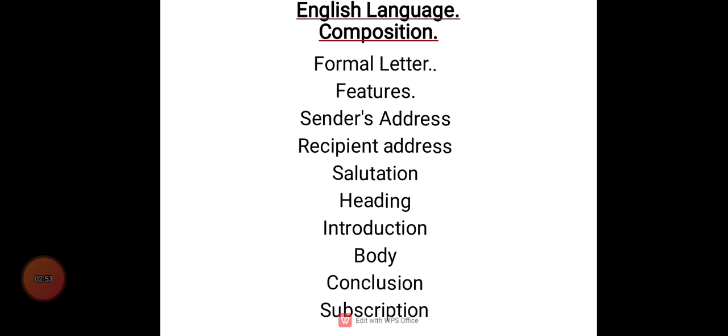So I am highly honored, or I'm privileged to write this letter to you, addressing one important thing happening in the school.